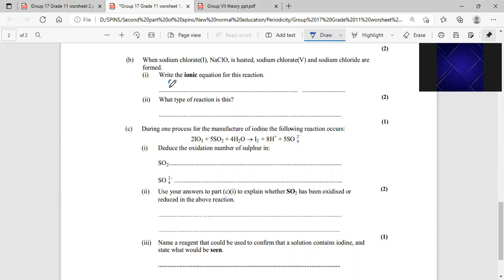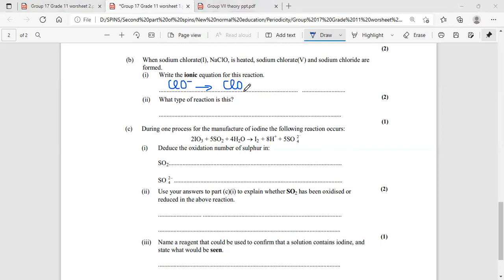So it becomes ClO minus. This one becomes ClO3 minus, it is the Roman number 5, plus Cl minus. And for the balancing, this one 3, oxygen is 3, this one 1, this one 2.